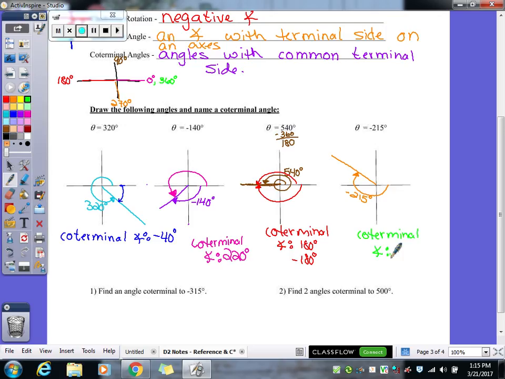So what would be our coterminal angle there? 145. Again, if you can't think of it right away, just do 360 minus your 215. That gives you your other angle.